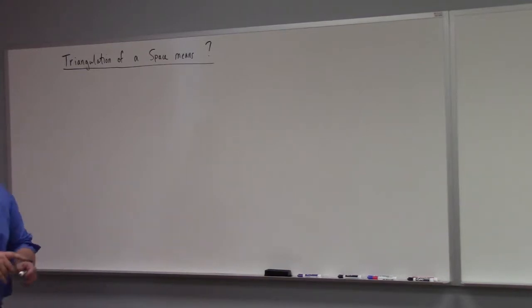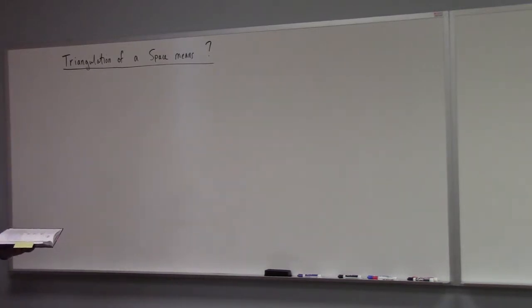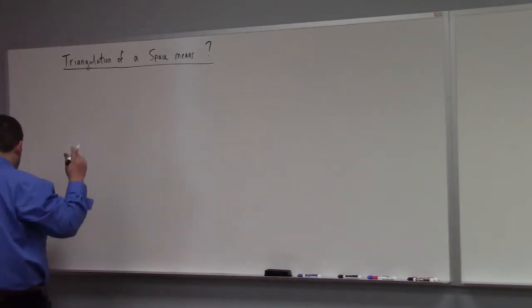Let me just get right to it. Everything's going to be happening in Rn, but there is a way of doing this in abstract spaces. I'm going to stick with Rn.